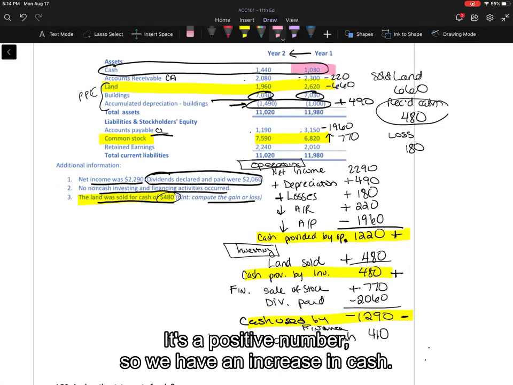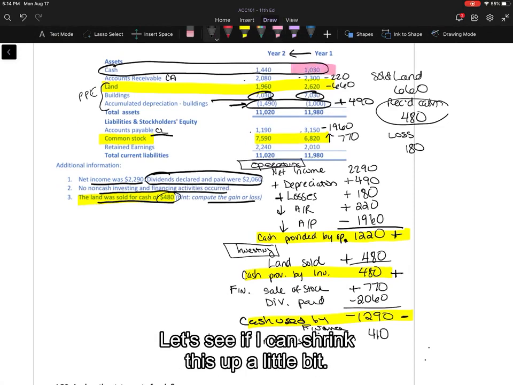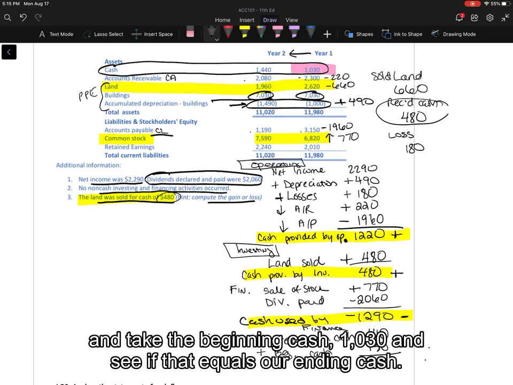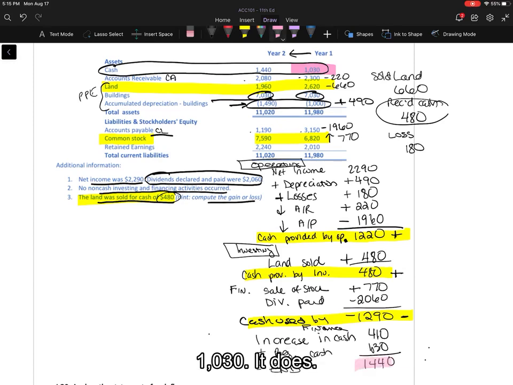Okay, now let's see if I can shrink this up a little bit. What we're going to do is take the beginning cash, $1,030, and see if that equals our ending cash.